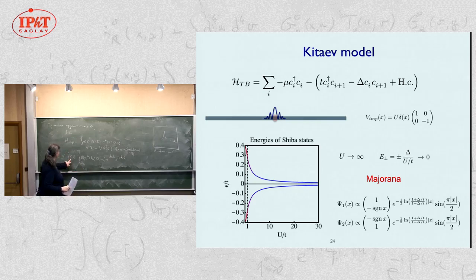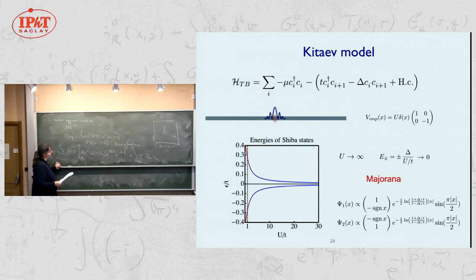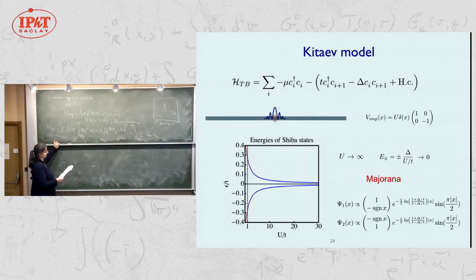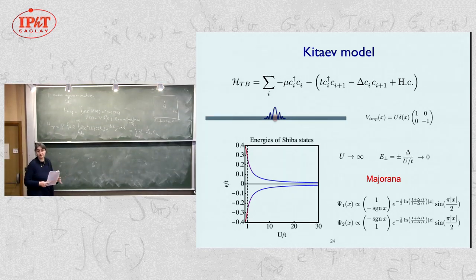So when you do the integral over R with the delta of R, this gives you a constant, and the potential in momentum space is independent of K. So what happens is that you have scattering which is independent of momentum.